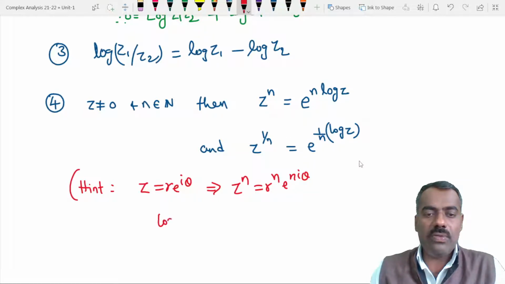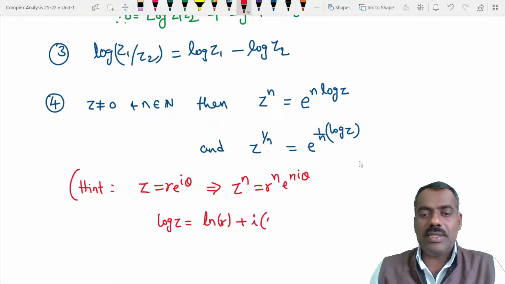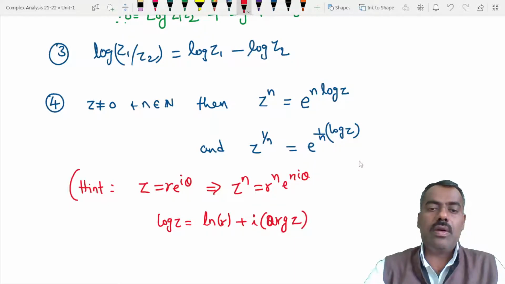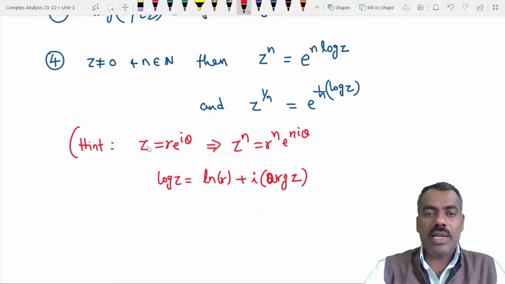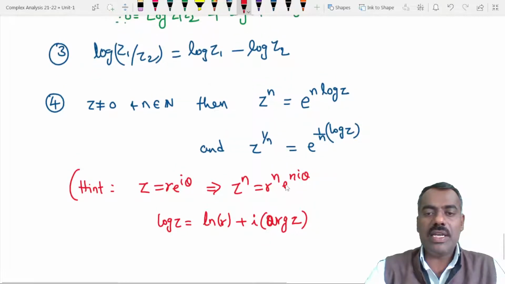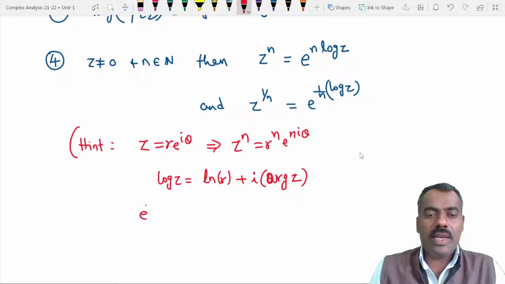You put the value of log z, which is natural logarithm of r plus i times theta, or you simply write this as argument of z. If you call this theta and substitute here, e power n times log z, you can show that this is the same as r power n into e power n i theta.